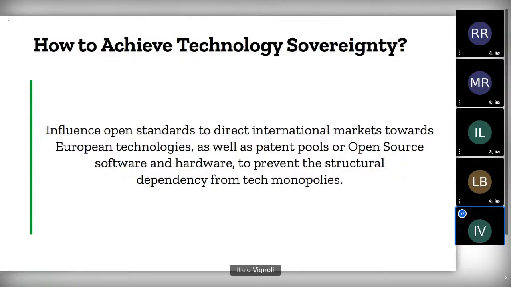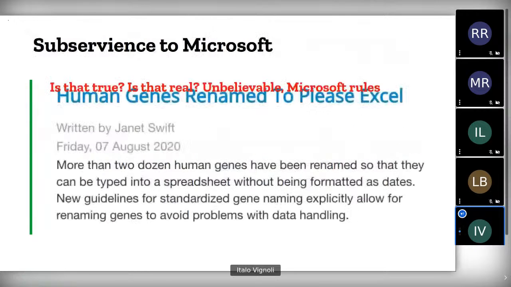Unfortunately, at the moment, we are not in this position. On the contrary, in some areas, there is a dependence on large software vendors, which is in some cases insane, like in the case of the human genes.